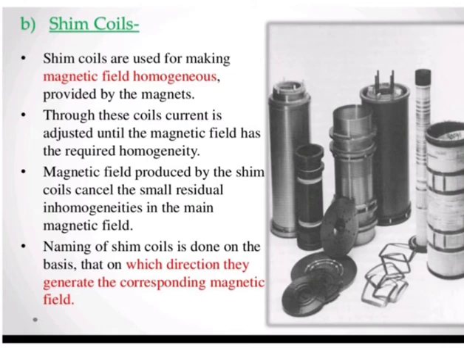Then Shim coils produce a magnetic field to correct the small residual inhomogeneities in the main magnetic field, and naming of Shim coils is done on the basis of the direction in which they generate the corresponding magnetic field.